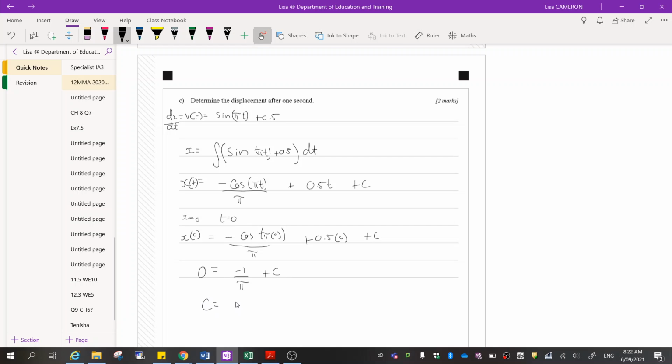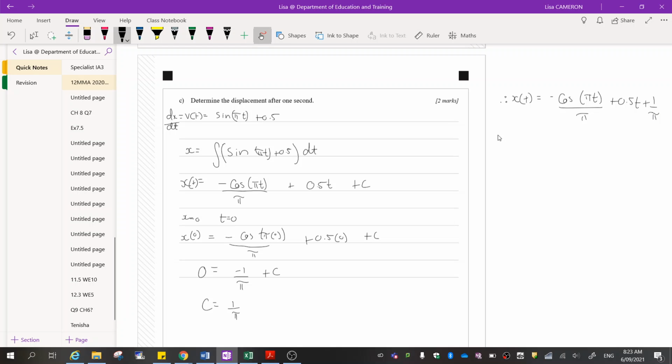So that means our constant is equal to 1 over pi. If I take this to the other side, it'll become positive. So I'm going to just write this over here so I can state it nicely. So therefore, our model is equal to minus cos pi t all over pi plus 0.5 t plus 1 over pi.